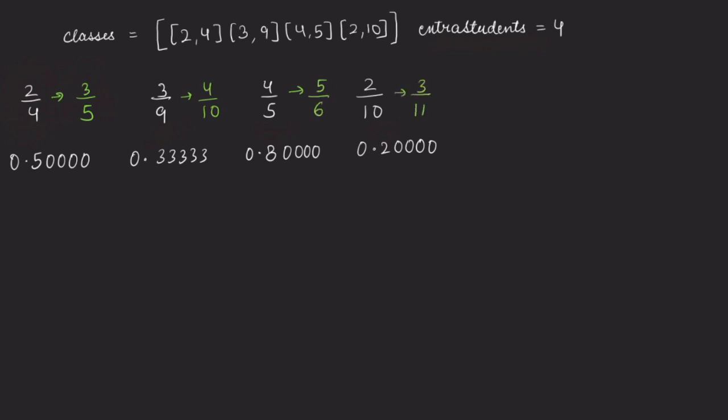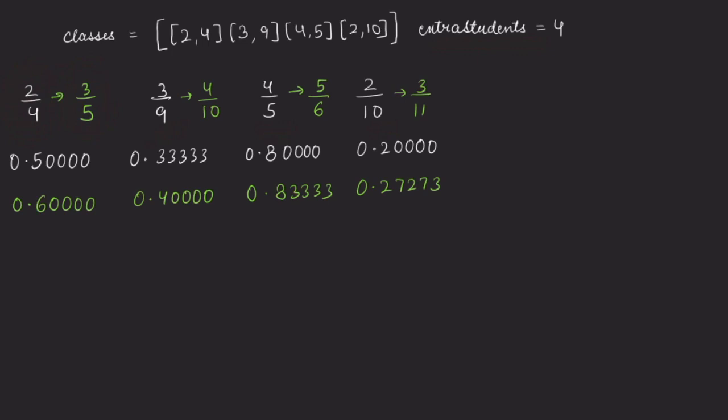Now if I try to find the new pass ratio, 3 by 5 will be 0.60000, right? 4 by 10 will be 0.40000. Then 5 by 6 will be 0.83333, and 3 by 11 will be 0.27273, right?